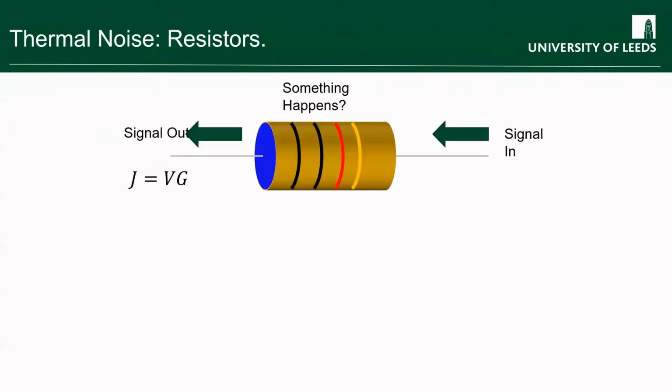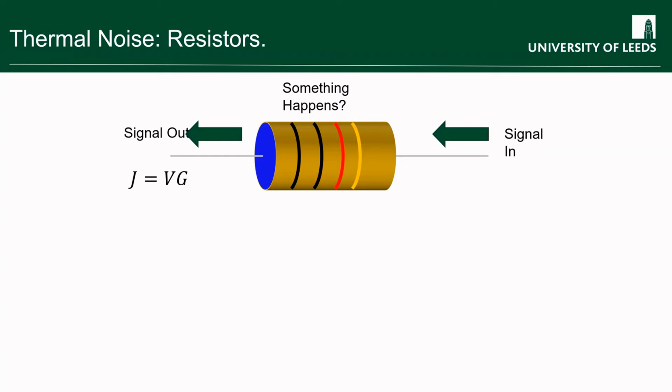So let's start off first of all with thermal noise. So this is what happens when you have a resistor. And of course, in any kind of real electrical instrument, you're going to have resistance there. You can't really get away with it. So what's going on here is we have some kind of current flow going through this resistor, and then coming out of it, you've got the current.